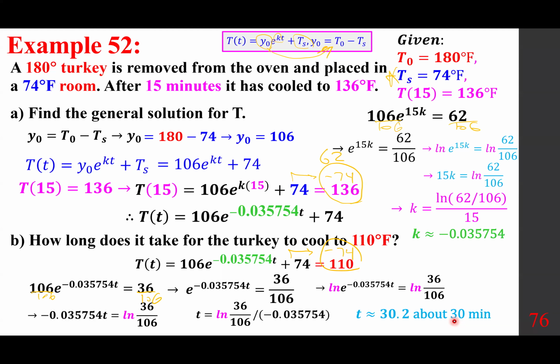Newton's law of cooling is using approximation to a certain degree. But I hope you see how much log and exponentials are involved here. You should get very comfortable with those. So these are some interesting applications.